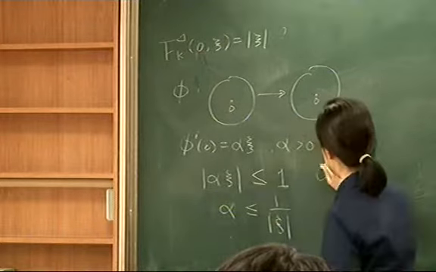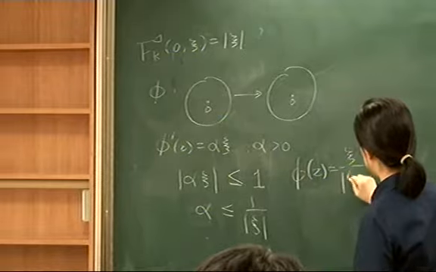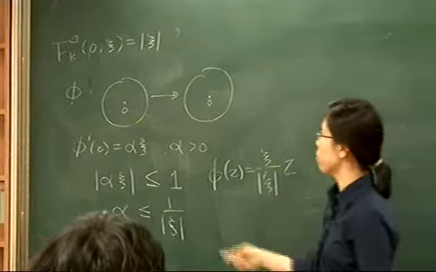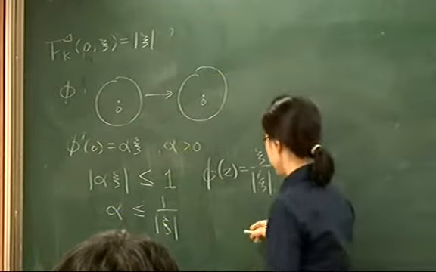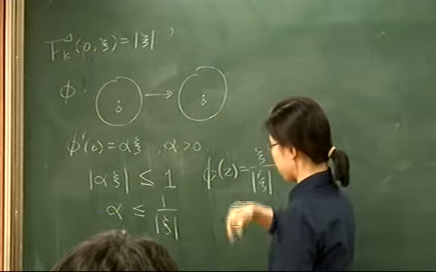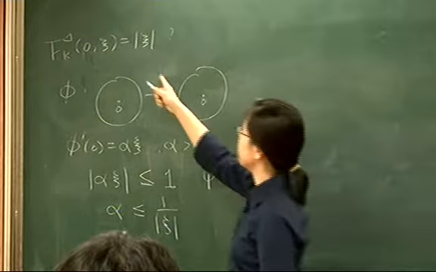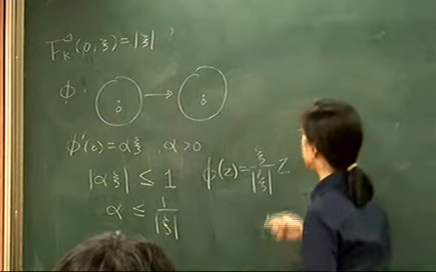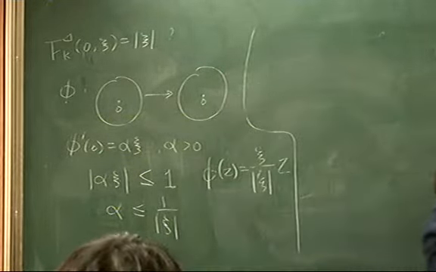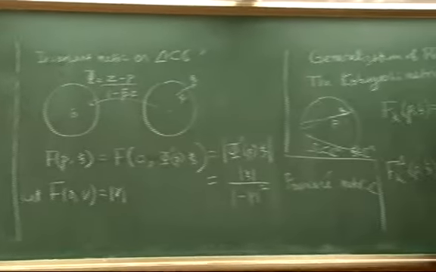If you take φ as (ξ/|ξ|) z, then this is one such mapping φ. So the supremum of α is actually 1 over the modulus of ξ. If you take the inverse, then you get this, right? And so it is equivalent to the Poincaré metric on the unit disk.